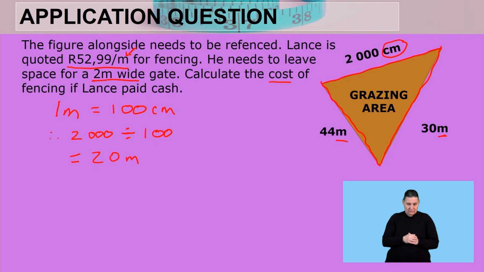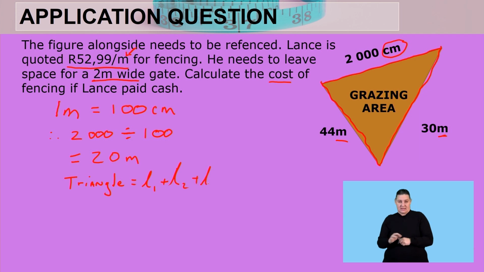For a triangle, we know the perimeter is L1 plus L2 plus L3. Let's make L1 20, plus L2, 30, plus L3, 44. It really doesn't matter which length you use, as long as you add all 3 of them.